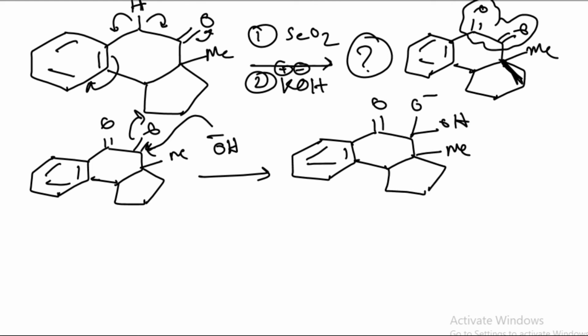Then this O minus pushes back to this carbon and this bond is migrated to the center, and this O minus again pushes back. You can get a little bit confused by seeing this reaction mechanism, but if you know the benzilic rearrangement, then it will be very easy for you.